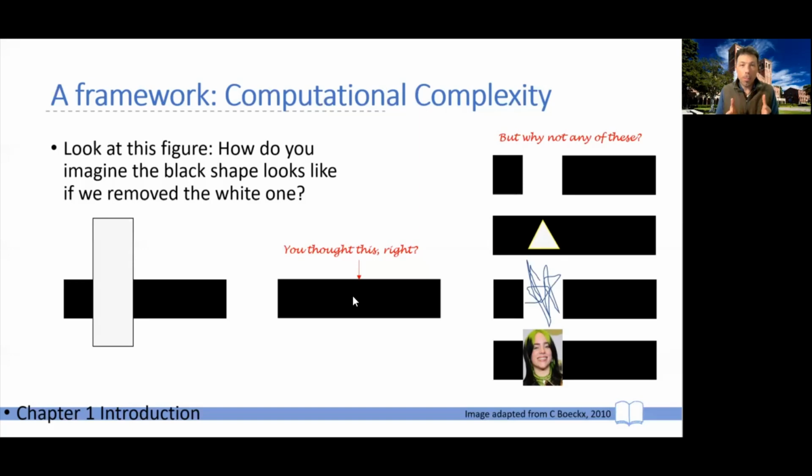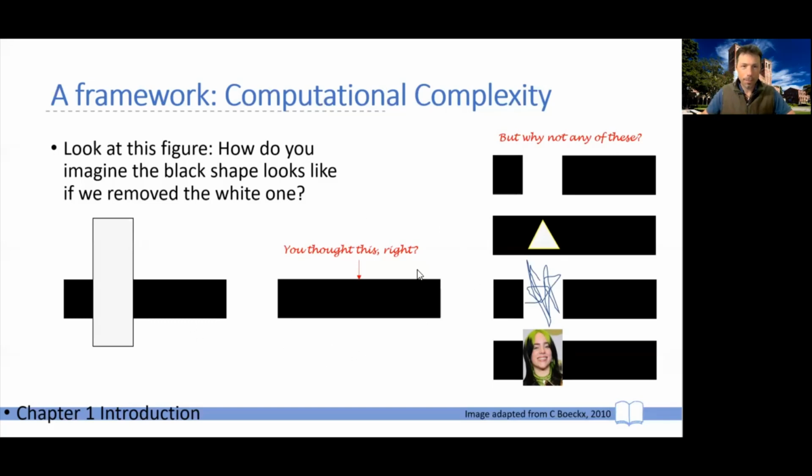The computational possibilities that you would have to go through in order to answer this question, the question of what happens if I take off the white bar, is infinity. There are an infinity of possible answers to that question. And yet, your mind spontaneously and effortlessly picked one.